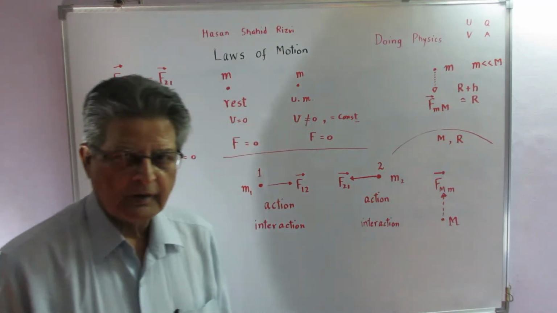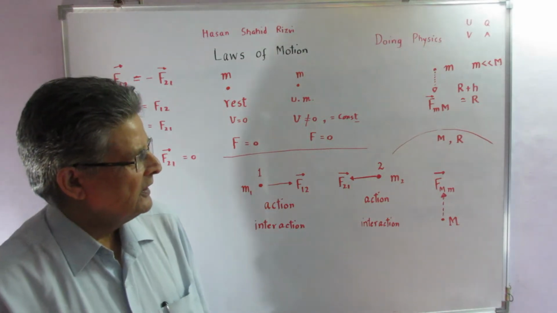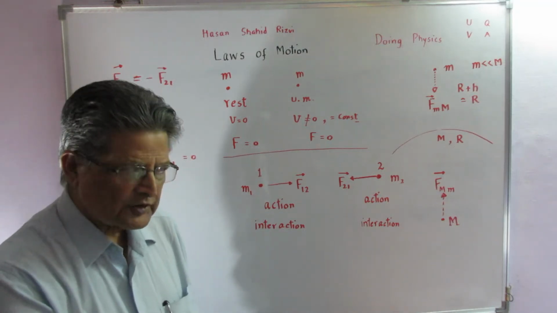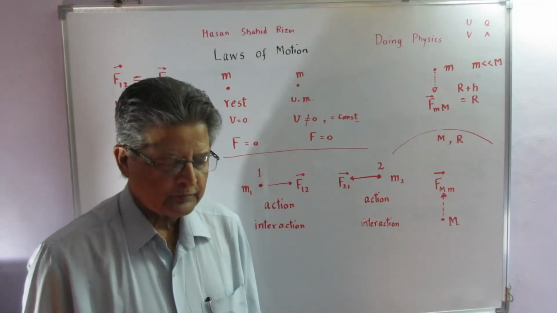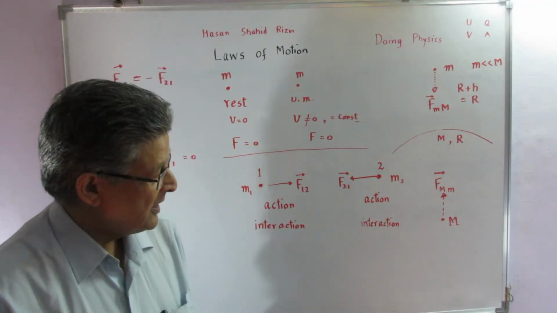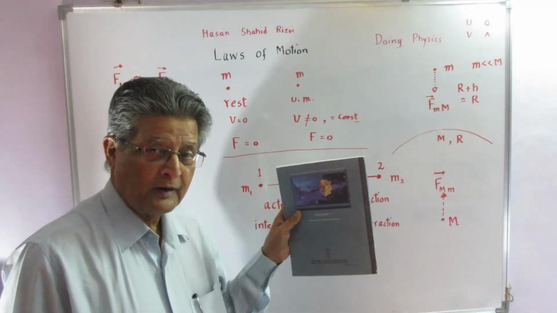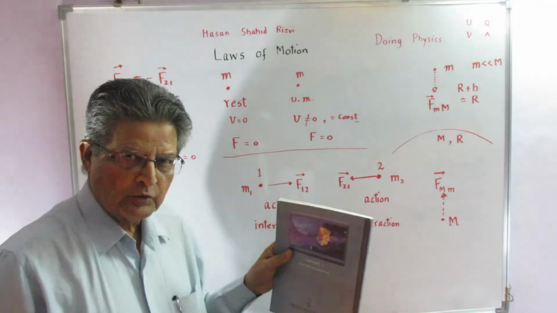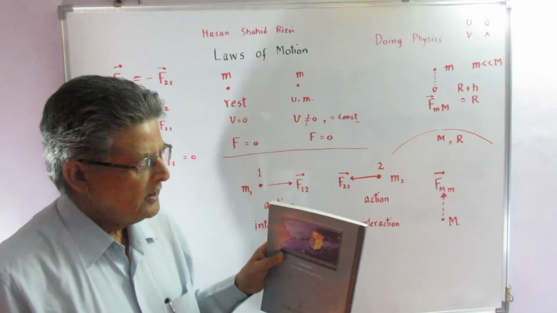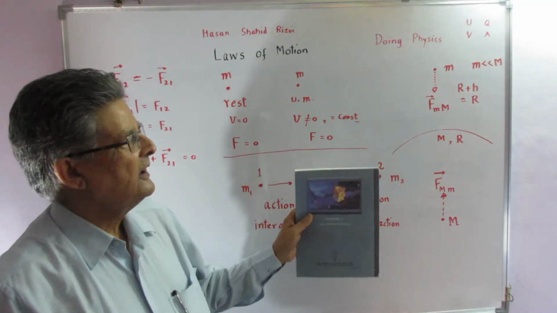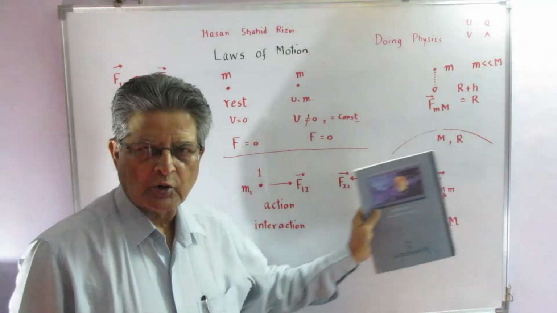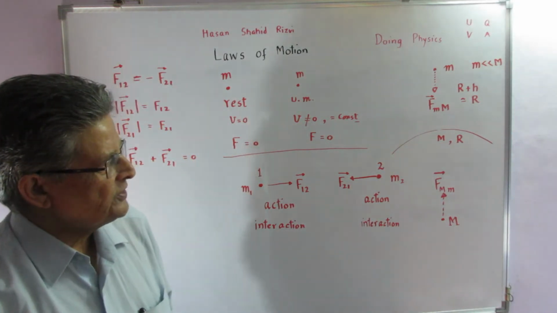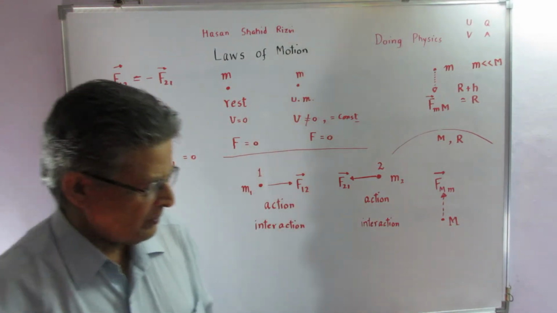Some of the students don't want the page to be destroyed when they scribble on the side of the page. My suggestion is that if Newton has to write on the sides, then why not me? Why not you? Okay? Everybody should feel proud of adding his or her notes in the book. Underline the things with highlighters or pencils or whatever. And what did Newton write?